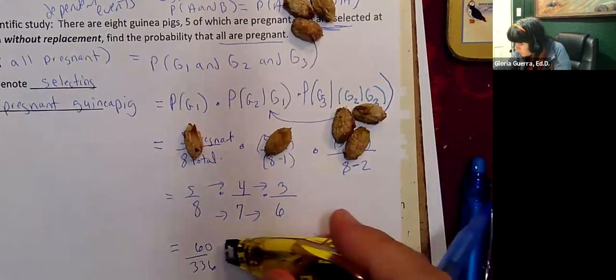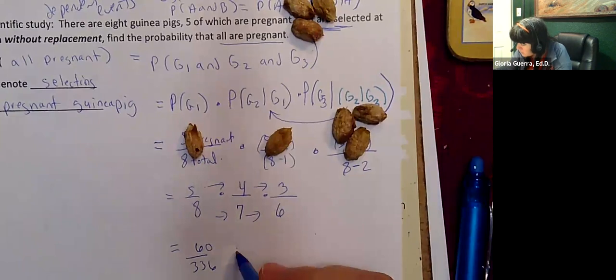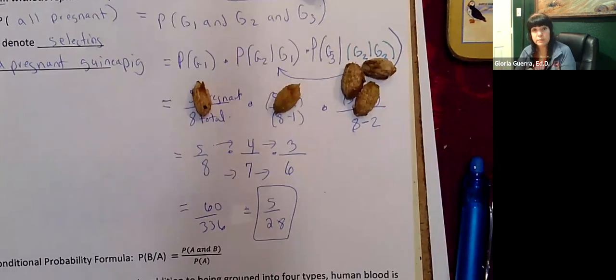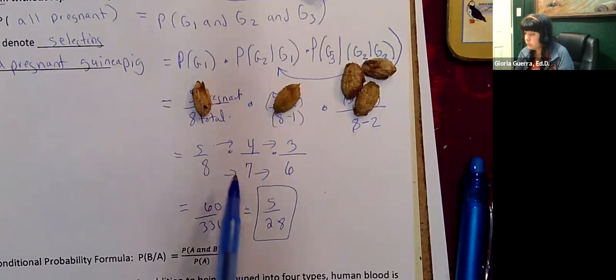Can you check that you're getting that? You should get that. That's what I got on mine. So you see how these decrease.